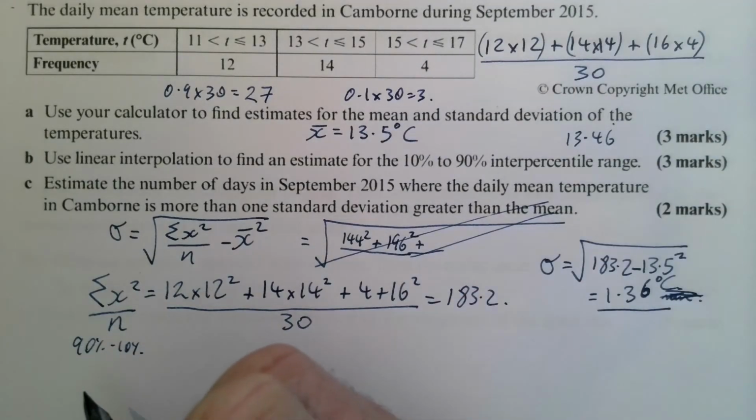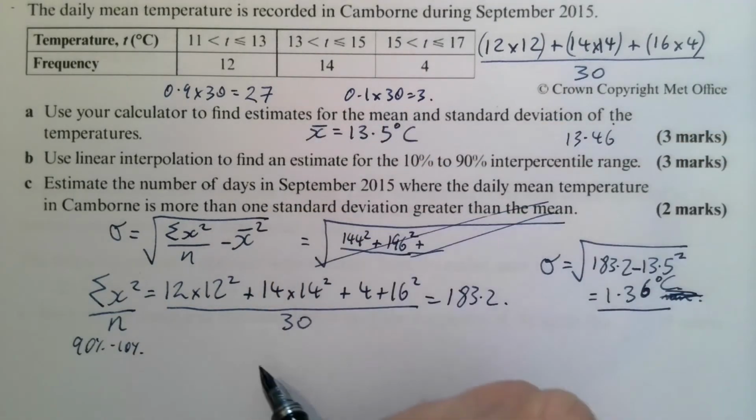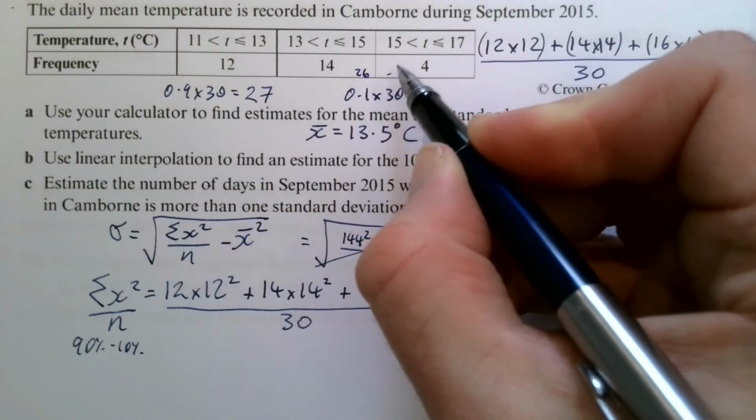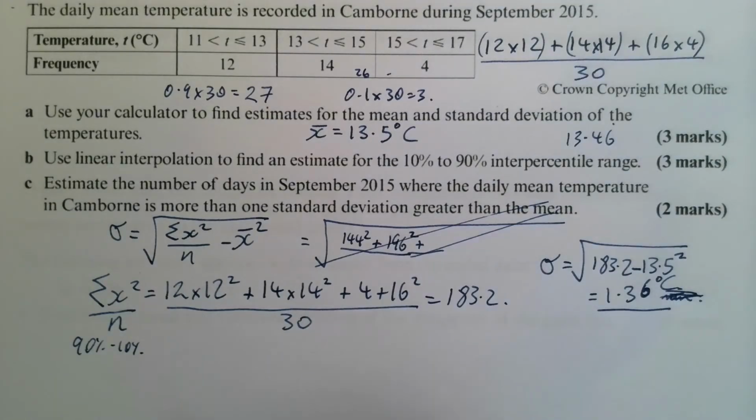So we want the third result, and we want the 27th. So the 27th is the first one to do. We've got 26 when we add those two together, so it's going to be the first result in there, or 1/4 of the way through this part here.